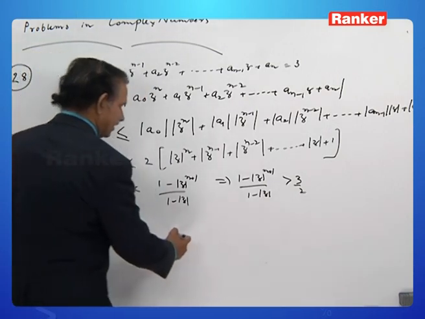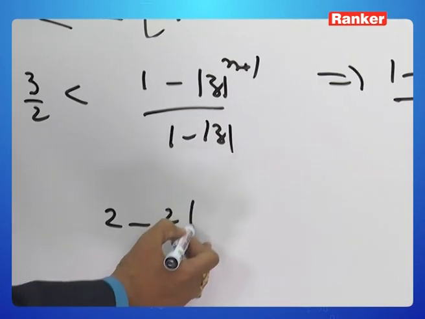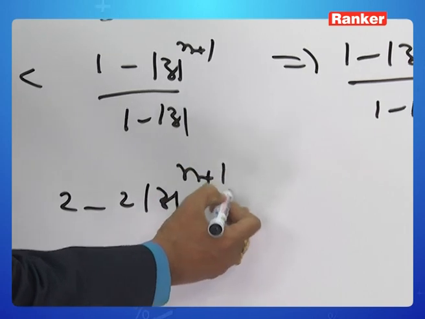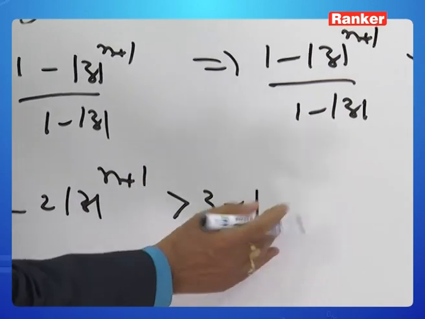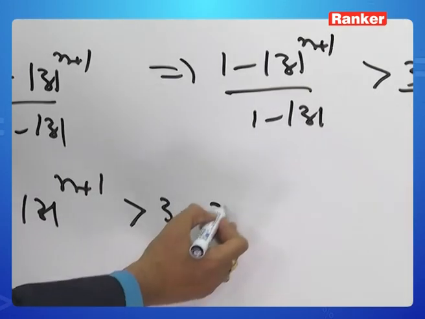Let us cross multiply that. What is going to happen? 2 - 2|z|^(n+1) is greater than 3 - 3|z|.